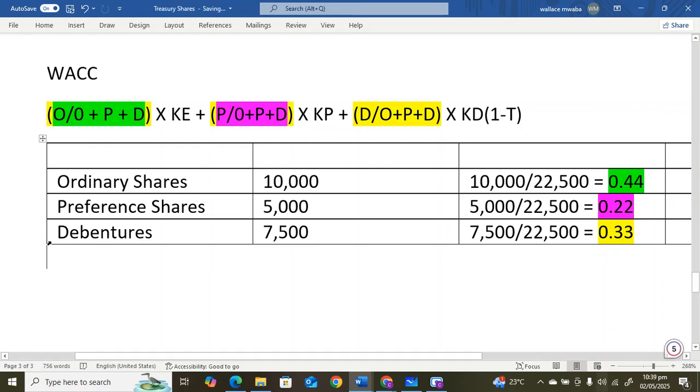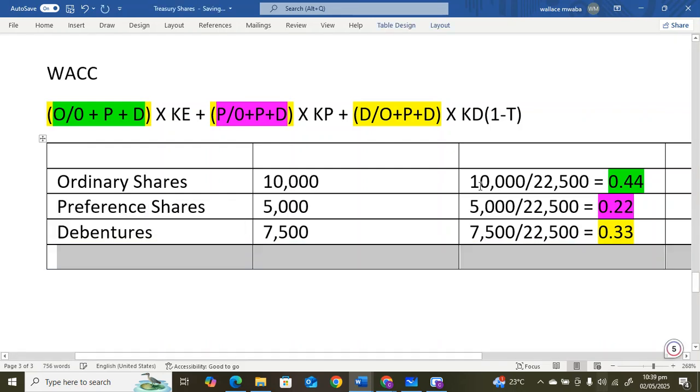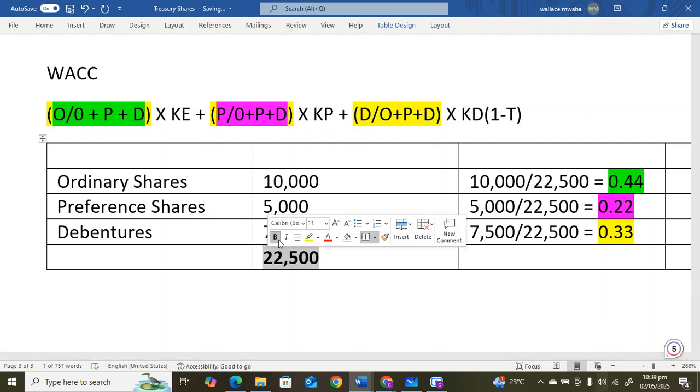For ordinary shares, we did 10 divided by 22.5. That's how I got 0.44. For preference shares, we did 5 divided by 22.5. So I got 0.22. And for debentures, we did 7.5 divided by 22.5. That's how we got 0.33.